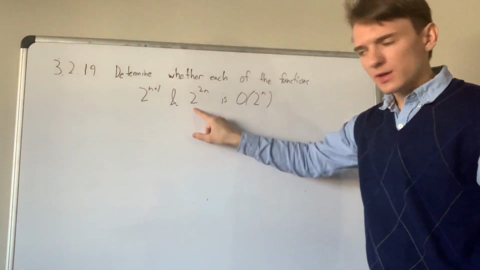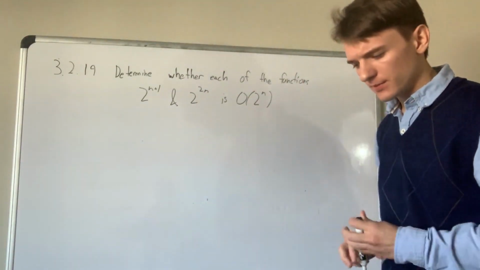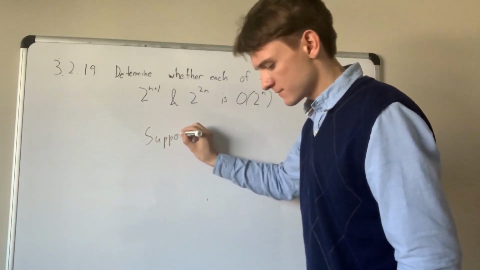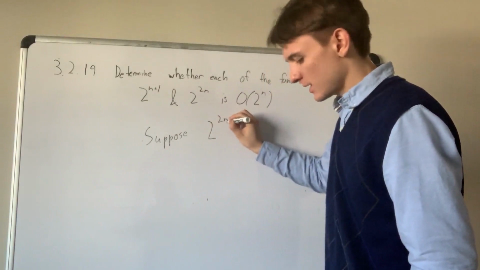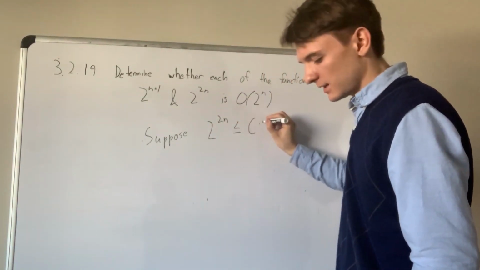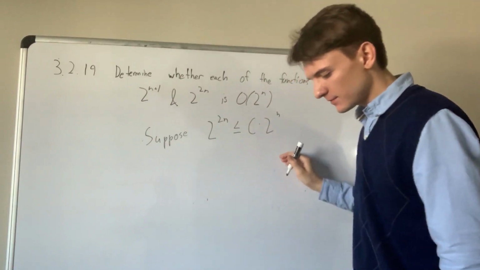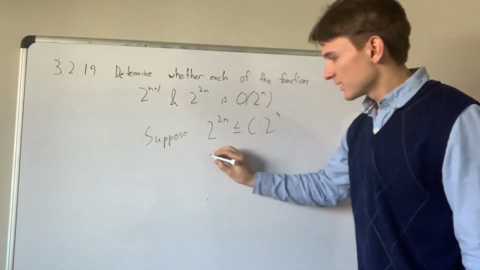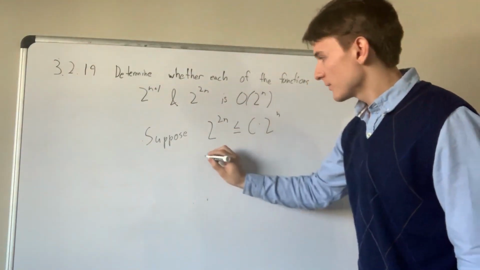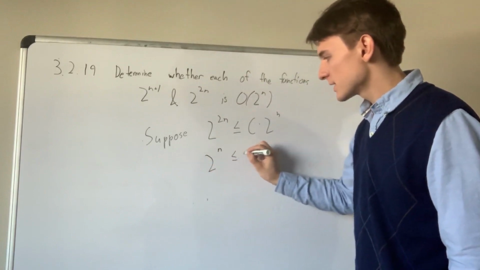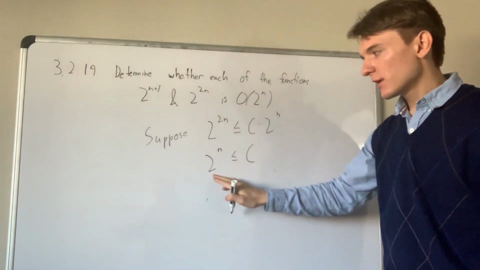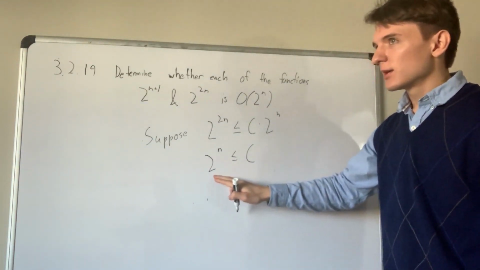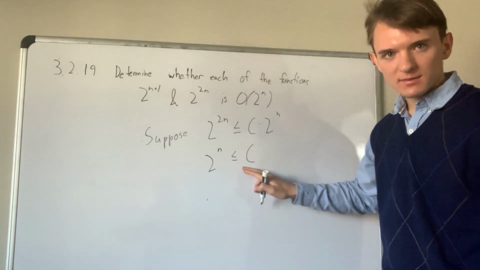Is 2 to the power of 2n big O of 2 to the power of n? Well, I don't think so. So let's suppose that 2 to the power of 2n is less than or equal to c times 2 to the power of n. However, we can see that this is already absurd, because if we do the algebra, we get 2 to the power of n is less than or equal to c, and 2 to the power of n, with a large enough input data size, could never be bounded by a constant c.